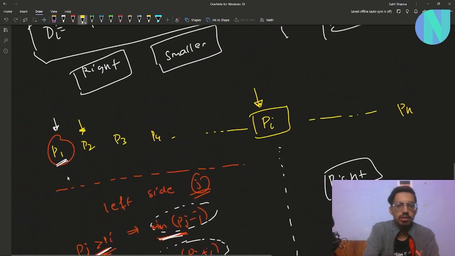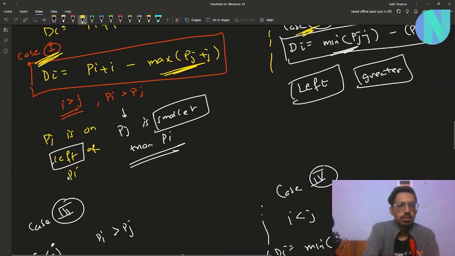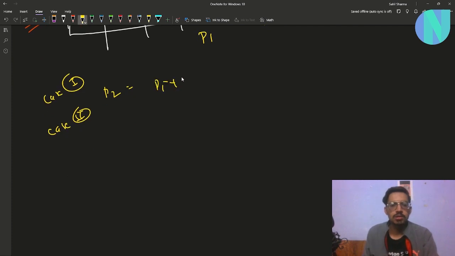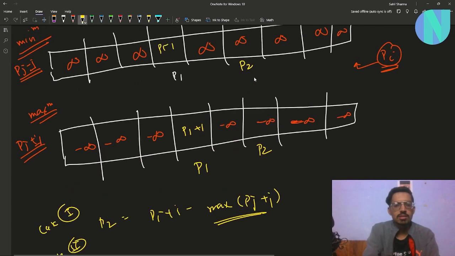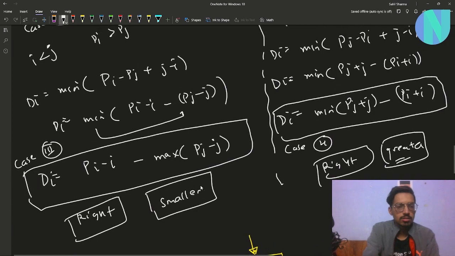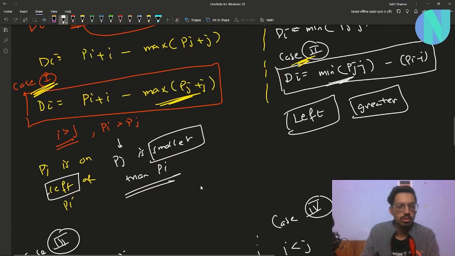So if it is case 1, which was Pi plus i minus maximum of Pj plus j, right? So in this case, I will query my segment tree. I will query my segment tree on which side? In this case, if we see here, my Pj is smaller than Pi, right?